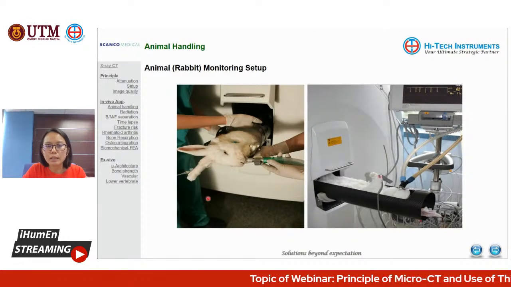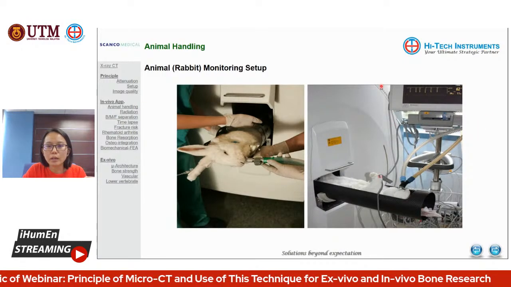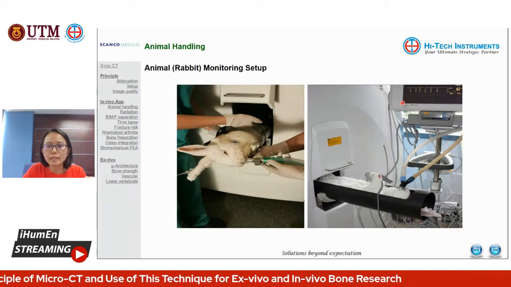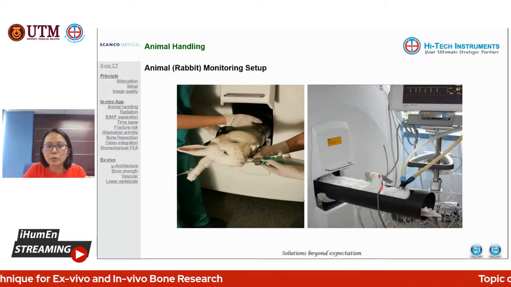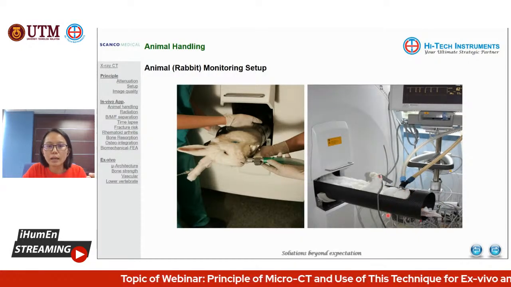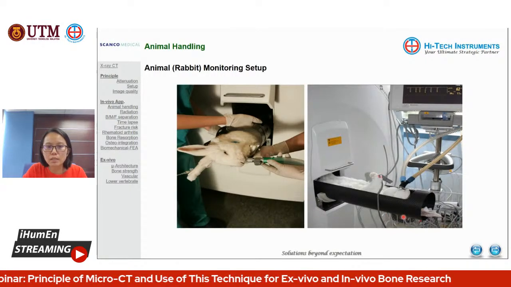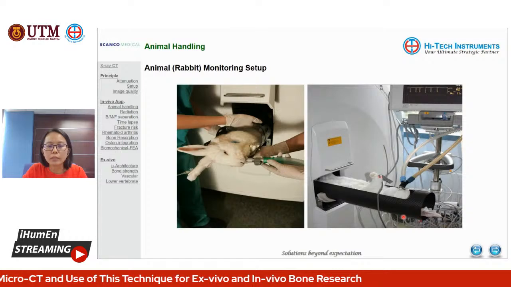This is another monitoring setup for a rabbit. You can see this is the real-time monitoring of heartbeat and also the breathing cycle. It's also measuring the pulse itself, and it's being administered with isoflurane gas constantly to keep the animal unconscious throughout the whole scanning itself.